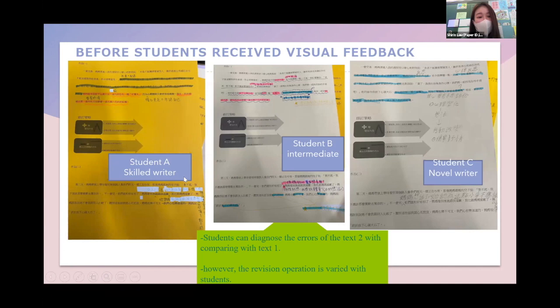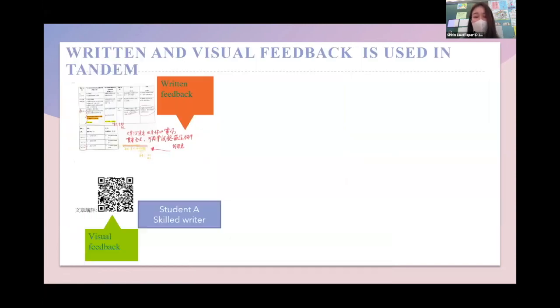Skilled writers, students with medium ability, and novice writers can all detect the errors from task 2, but the quality of the revision operations varies with students.